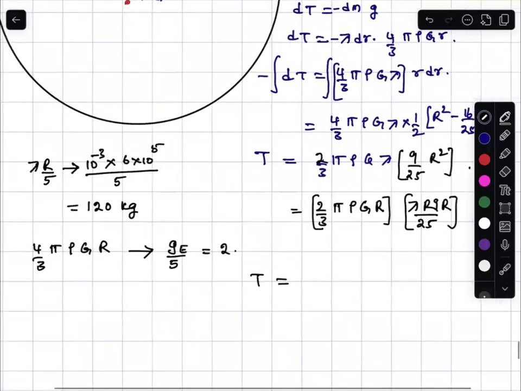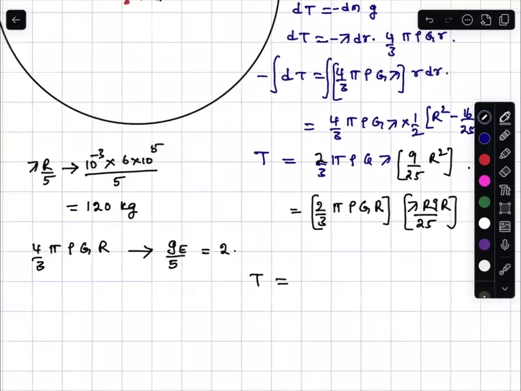So, no issues. 2 by 3 pi rho g r, right? That I will write as, if it is 4 by 3 pi rho g r, it is a 2. If it is a 2 by 3 pi rho g r, it is 1. 1 into lambda r by 5 can be written as 120 into, hold on, don't get aggressive, into 9 by 5.